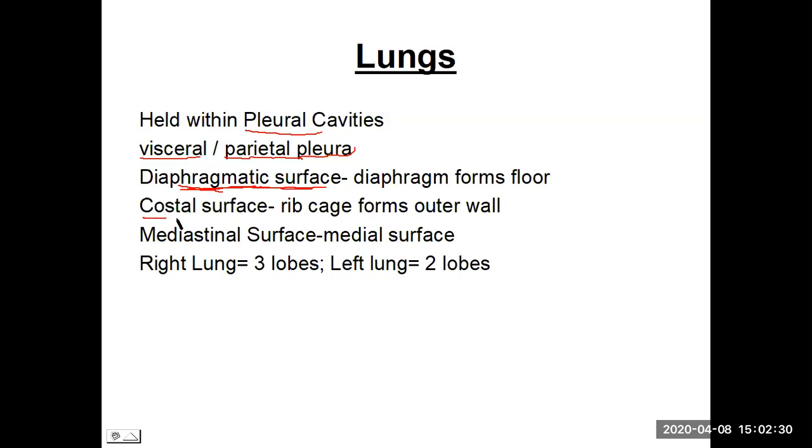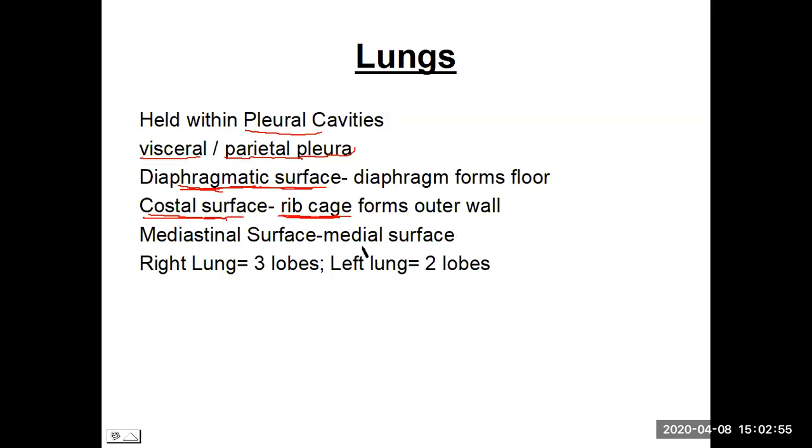We have our ribs that are starting from the thoracic vertebrae and curving around to the anterior side, connecting to the costal cartilage. So all of that area protected by the ribs, the costal cartilage, that's known as the costal surface of the lung. So this would be the anterior, the lateral, the posterior sides wrapping around.